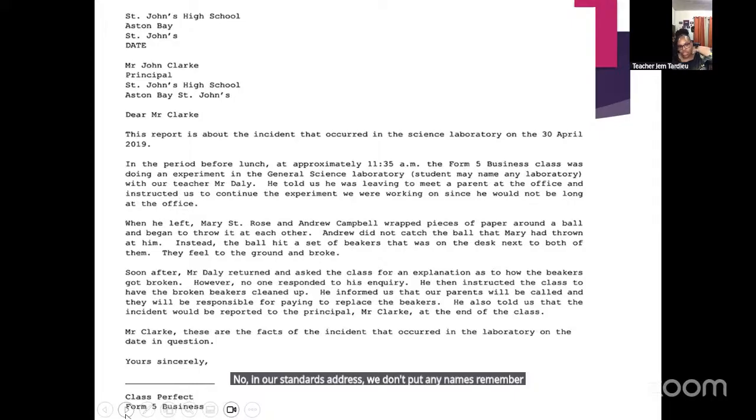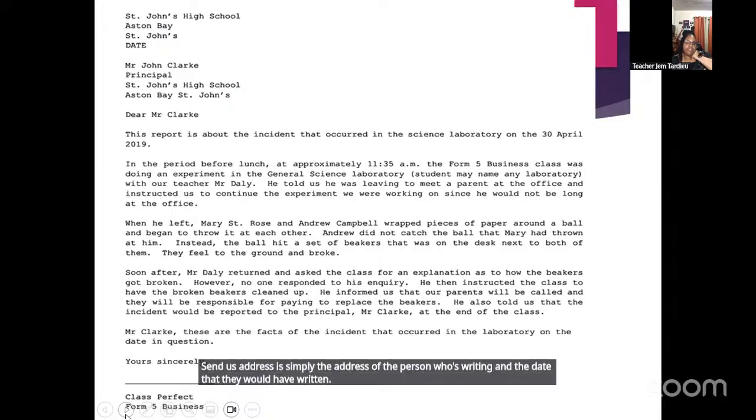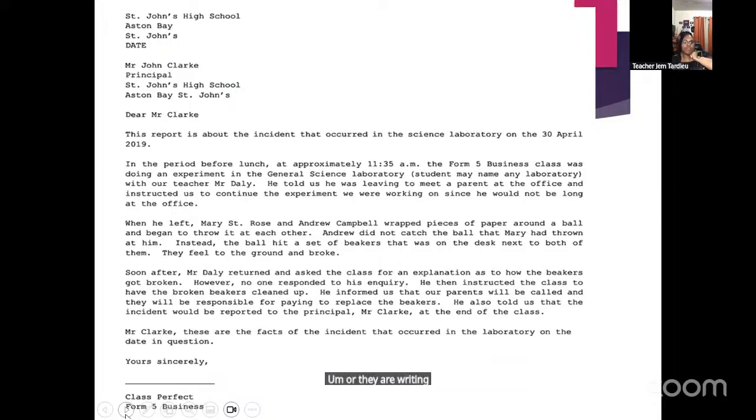Basic structure. Sender's address is simply the address of the person who is writing and the date that they are writing the report, also the letter, because this is the same format for both.